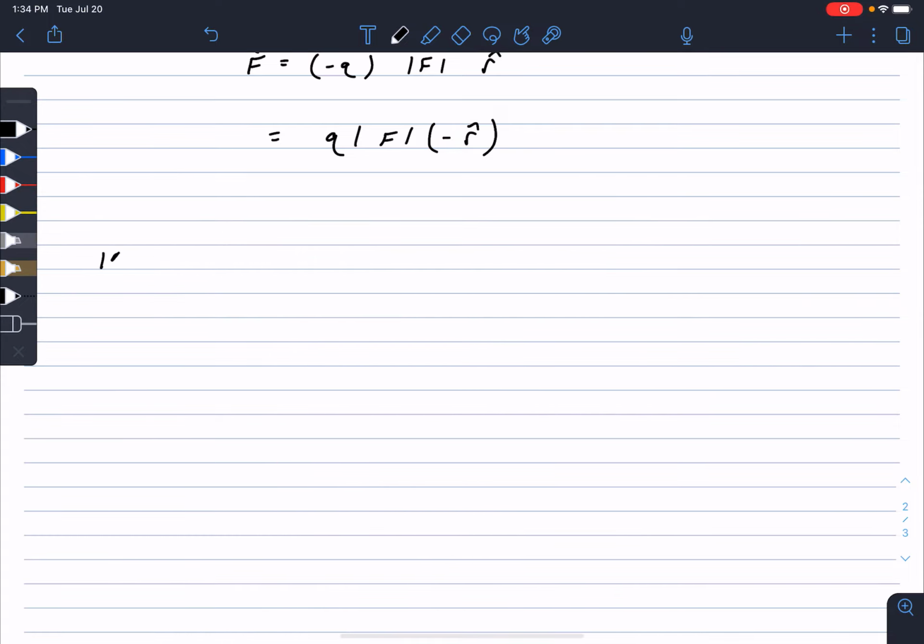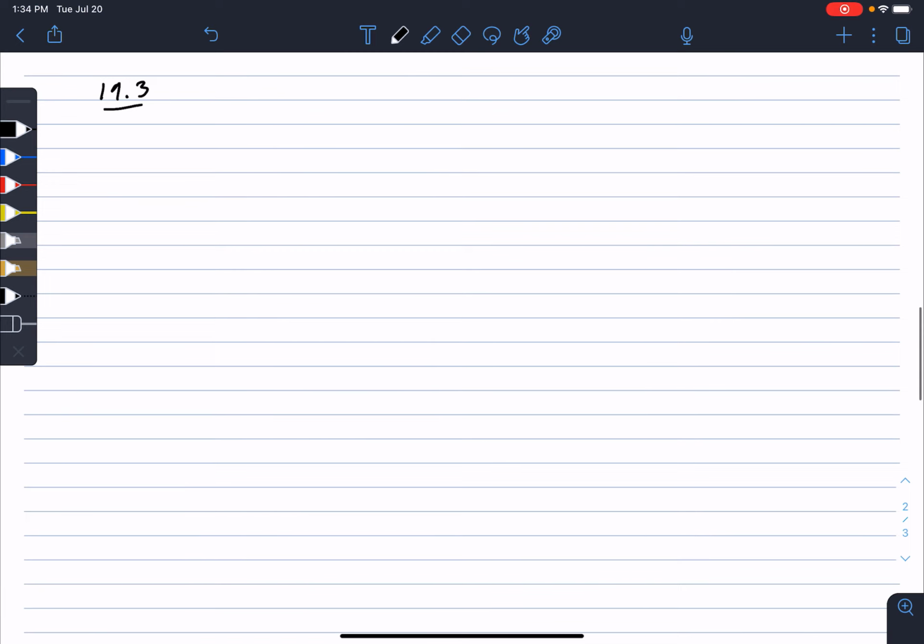Next one, number 3. We're given 3 scenarios where we have a force and we have a velocity of a particle. I'll just draw all 3 real quick. In the book they have it looking like that. Okay, and then the last one is this way, and we have this way here.